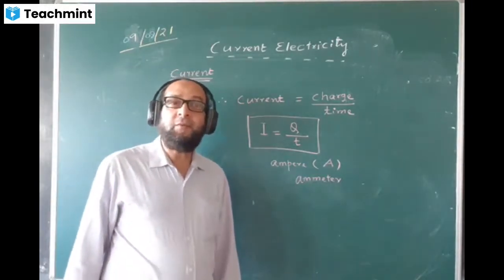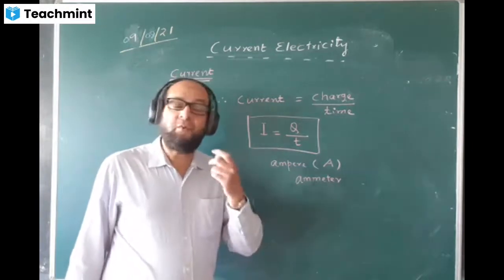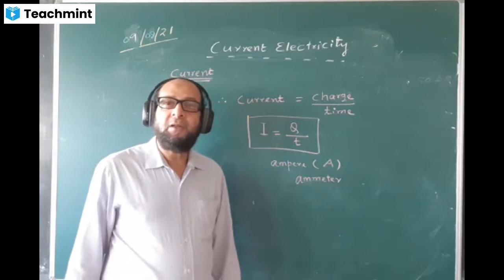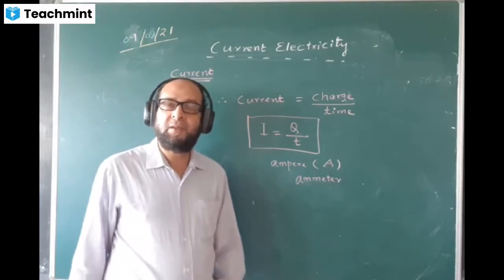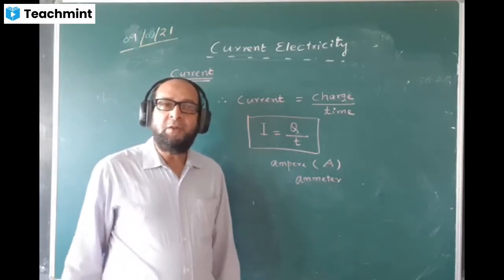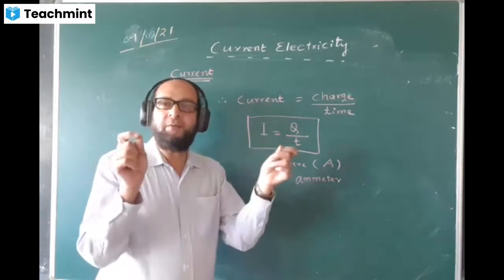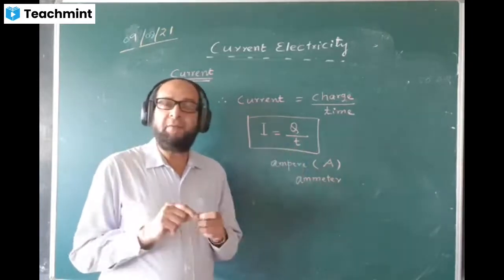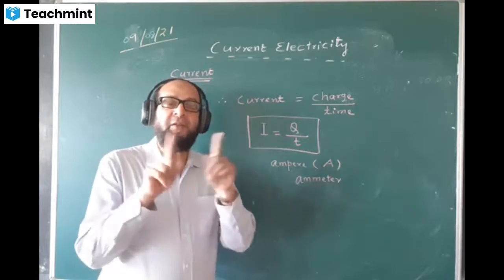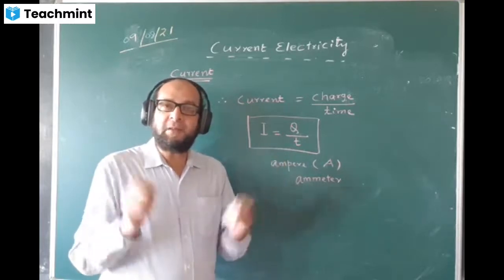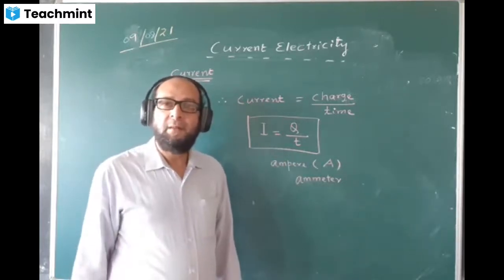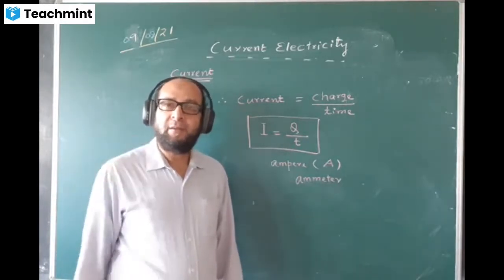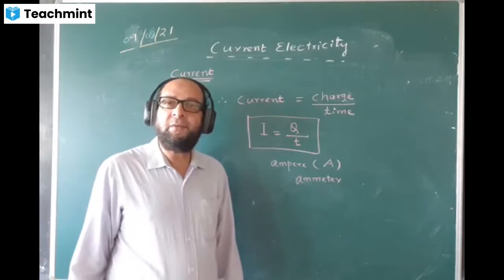What makes the electrons flow in a conductor? We say voltage, or potential difference. We have two ends of the conductor; on one side we apply positive, on the other negative. Due to the difference of potential between the ends of the conductor, the electrons within the conductor start moving, and we say that the current is flowing.